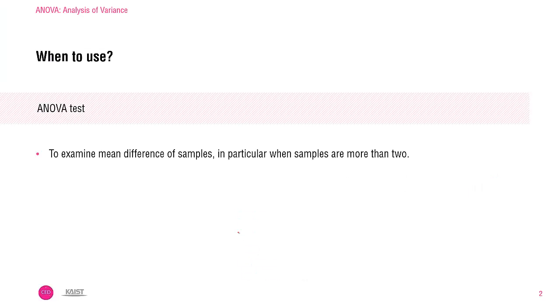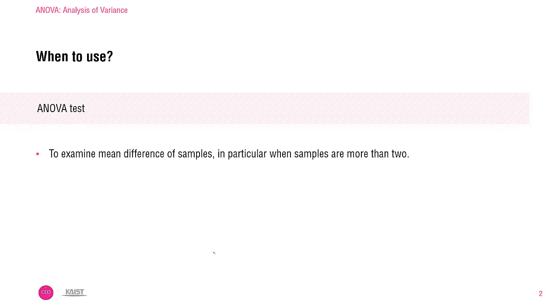So when do we need the ANOVA test? We perform the ANOVA test in order to examine the mean difference of samples. In this sense, you may think about the t-test because the t-test is also used to compare the mean difference of two samples.